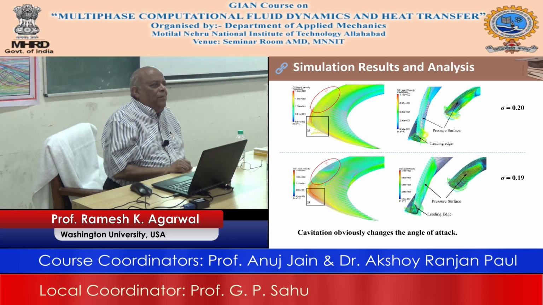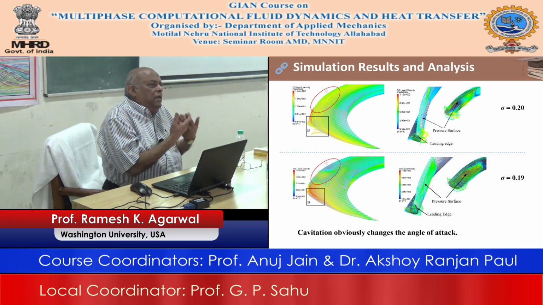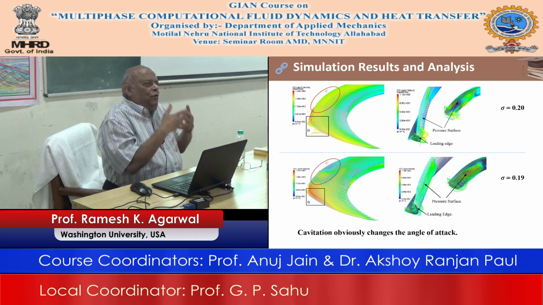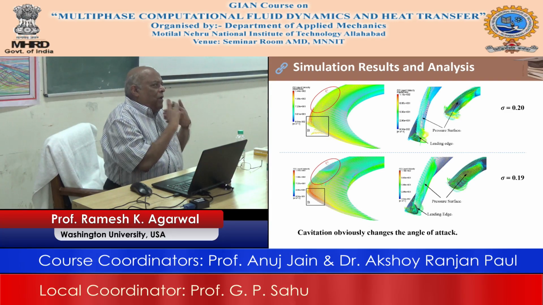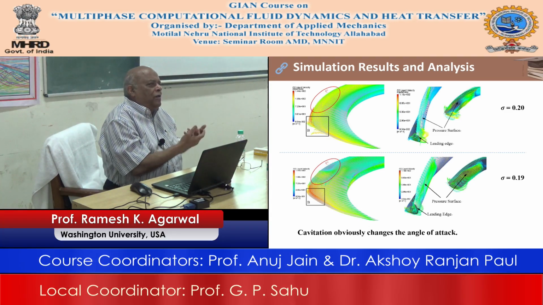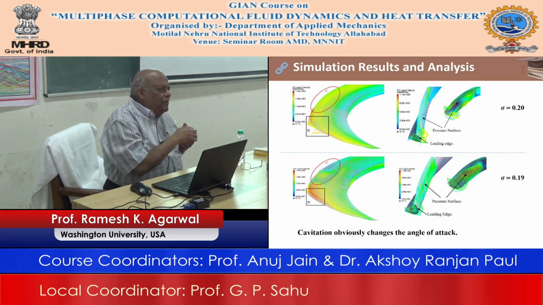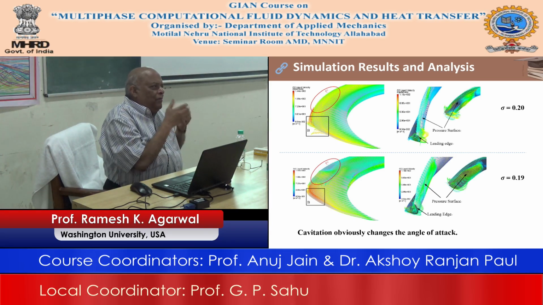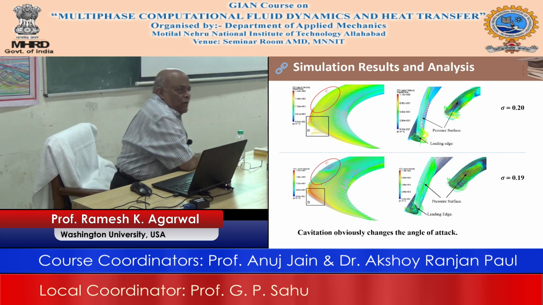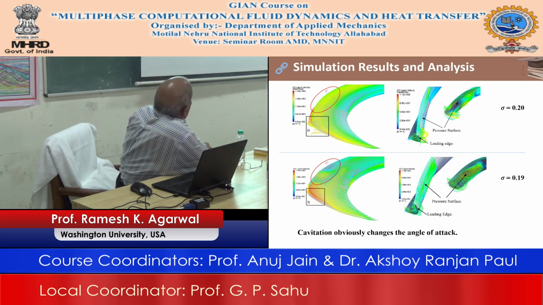Right on the wall. So the gradient is a measure of where the vorticity is going to be sitting. It's a very good qualitative measure. If you have calculated the flow using Fluent or any other means, you can just take the gradient, and that is a measure, and that is what is called the Q criterion.